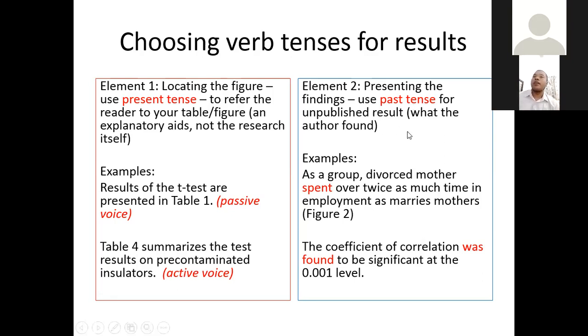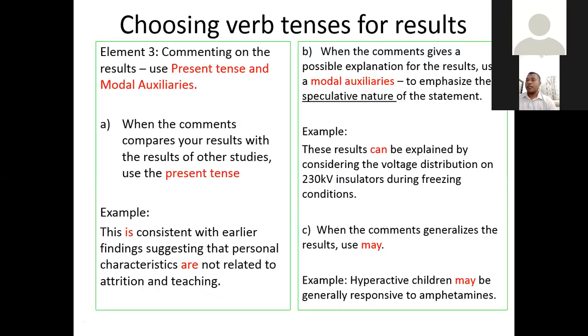Example: a group of divorced mothers spent over twice as much time in employment as married mothers. So spent is past tense, right? Or you can say was found. The coefficient of correlation was found to be significant at the p less than 0.001 level. Okay, so was found, not is found, because this is your result.